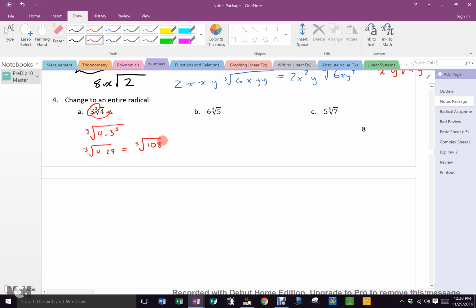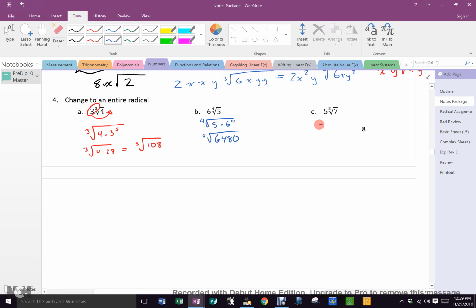Right? What's this one going to be? The 4th root of 5 times what? 6 to the 4th. 4th root of 6 to the 4th is 36. And 36 is 1296, I think. 1,296 times 5 is 6,480.